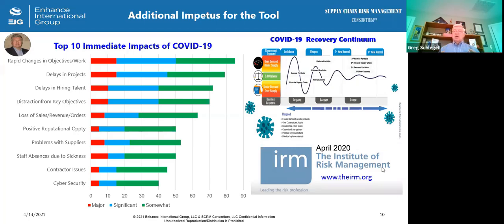Let's take a pause here. In the pure risk environment, chief risk officers are taught and advocate that one company's risk event is another company's risk opportunity. That's what they mean by that. This is a pure chief risk officer answering the surveys. Couple others, problems with suppliers, yipper. Staff absences due to sickness, that continues.